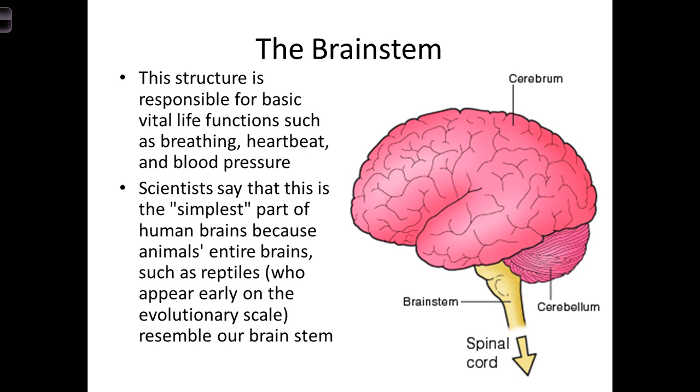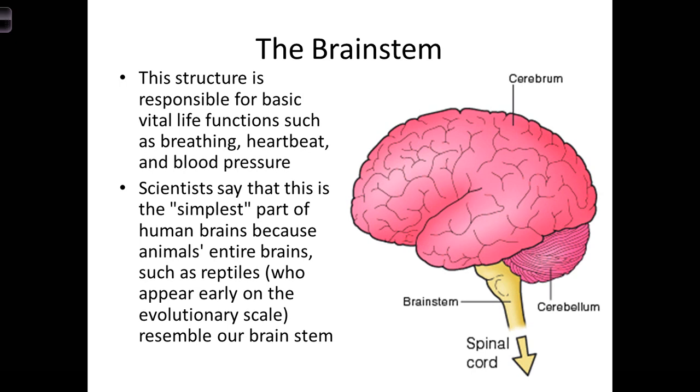And some sort of reptiles, animals, or things that appear relatively early in the evolutionary tree, have been around for a long time, often have very basic brain stems, or rather they have a decent brain stem, but they lack much of the rest of the brain. They don't really have much of any of the other parts. They don't really have a large cerebrum or cerebellum. Their brain consists largely or mostly of just the brain stem.